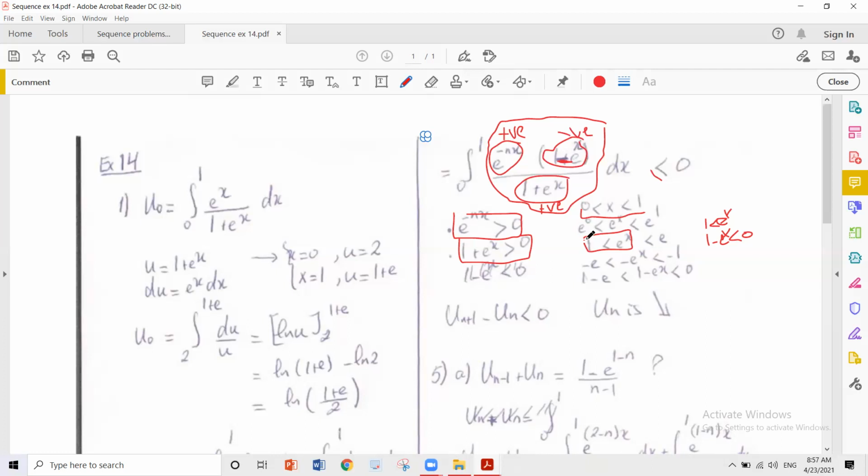So 1 is less than e to the x, which means 1 minus e to the x is negative. So the whole function is negative, since positive times negative over positive is negative. So it is less than 0, so U(n+1) minus Un is less than or equal to 0. Un is decreasing.